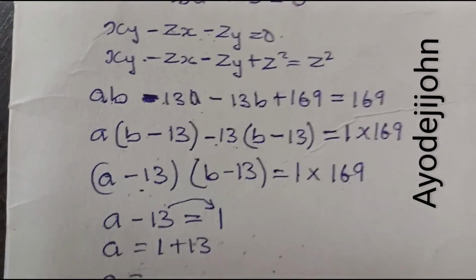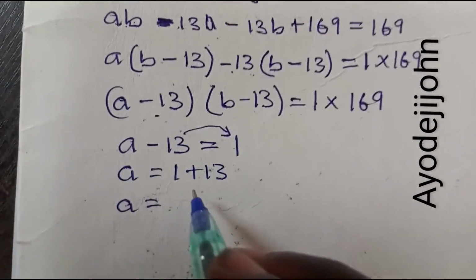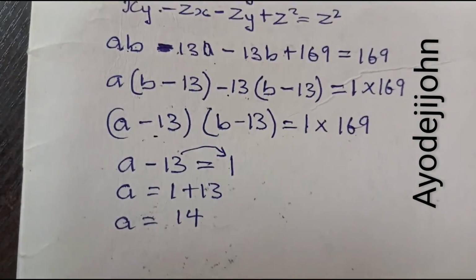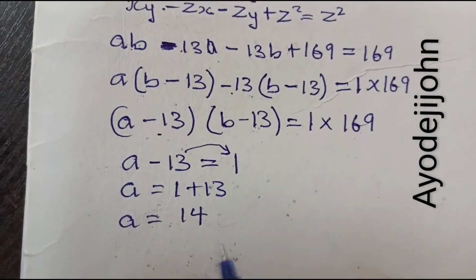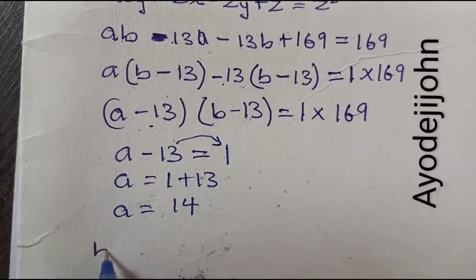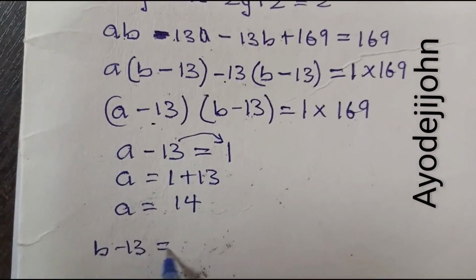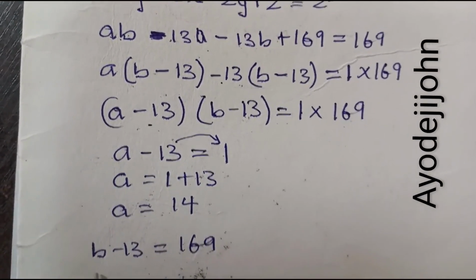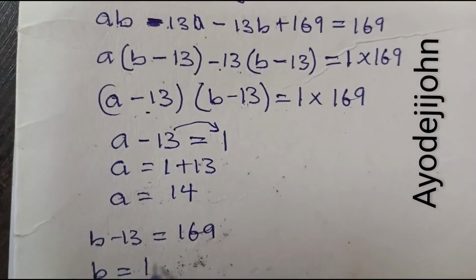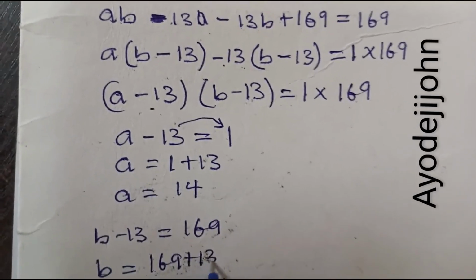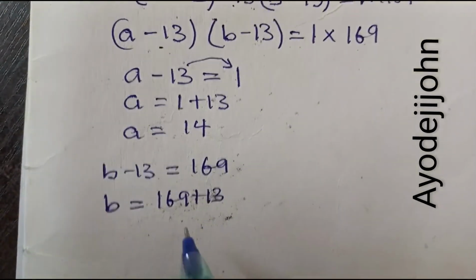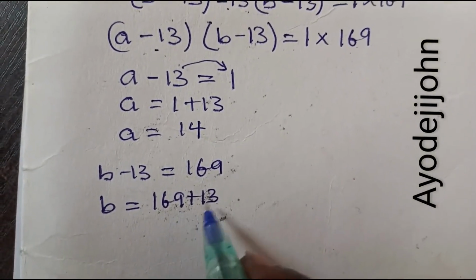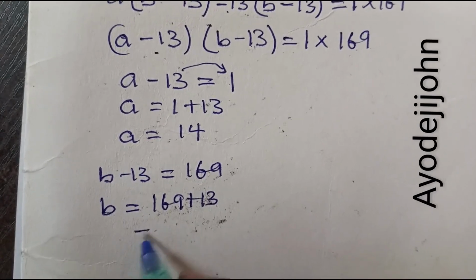So our A is equal to 14. Now we move to the second factor, which is B minus 13 equals 169. So B equals 169 plus 13. If we add 169 and 13 together, we are going to have 182.